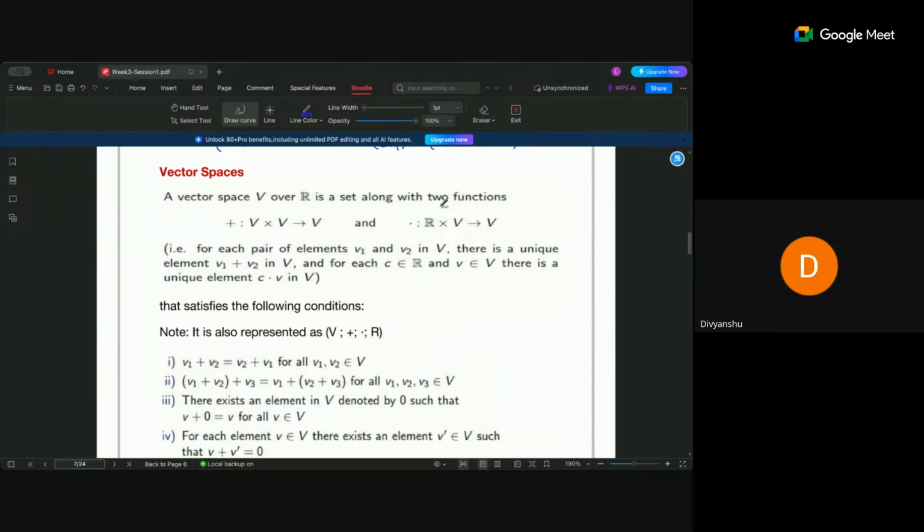The first one tells you that you take any vector v1 from here, any element v2 from here, you add them up, and the vector will still be inside V. Similarly, you take any scalar from here and an element from here, do the scalar multiplication, and that will still be inside V. So the first one is saying closure under addition, and the second one is saying closure under scalar multiplication.